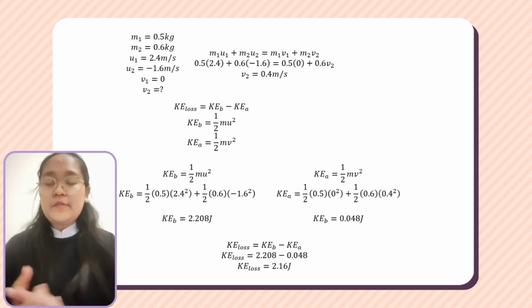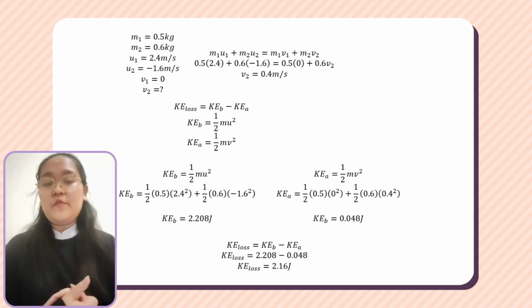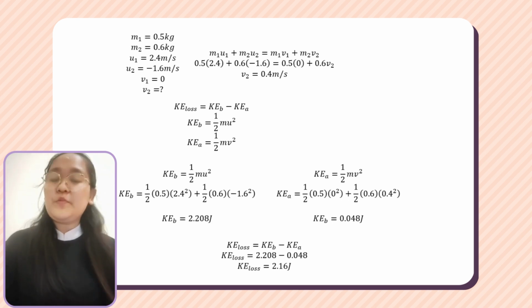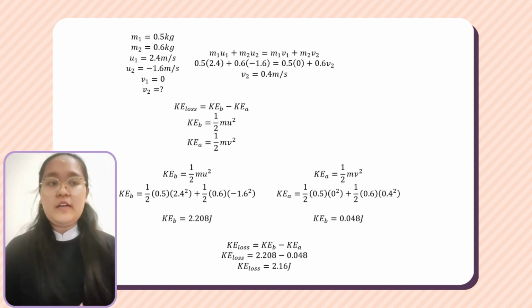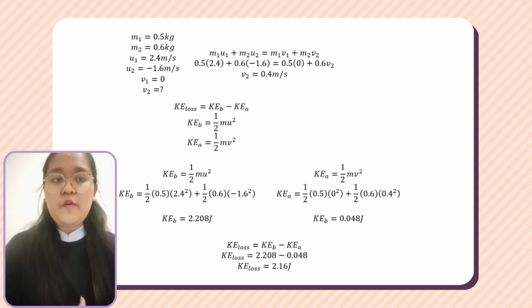Then we substitute all the information from the question into the formula, which gives kinetic energy before equals 1/2 times 0.5 times 2.4 squared, which is for the K particle, plus 1/2 times 0.6 times negative 1.6 squared, which is for the L particle. And then we calculate it, we get our kinetic energy before equals 2.208 joules.